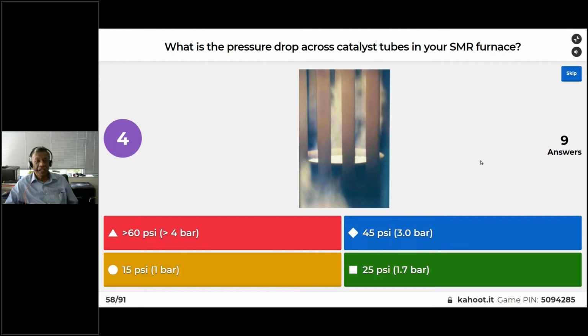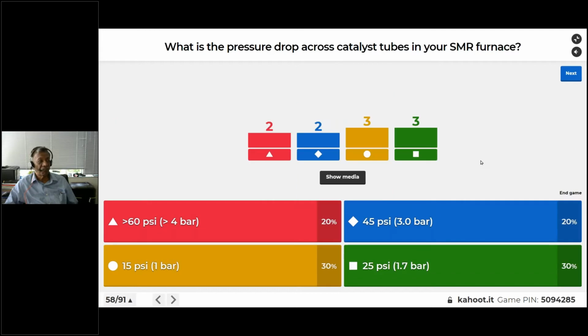So the typical pressure drop in the industry, what we use is anywhere between 30 to 40 psi. I see everywhere, but 30 to 40 psi or 2 to 2.5 kgs per centimeter square is typically the pressure drop used in most of the reformer designs. You don't want too high a pressure drop, and you also don't want a very low pressure drop.